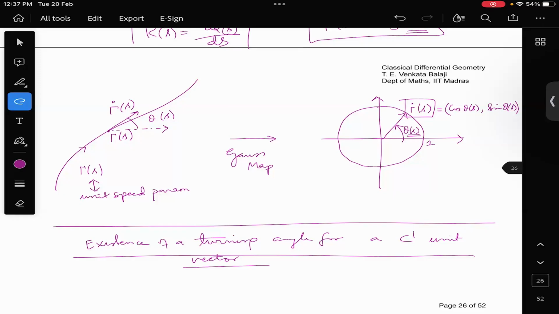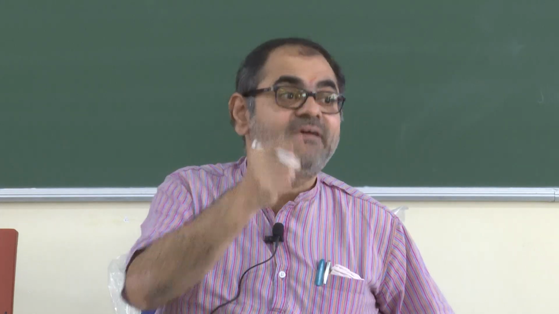And gamma dot is going to be C1, because all our curves are C2, since we need the second derivative for curvature. So gamma is C2, that means its derivative is C1. So gamma dot is a C1 unit vector, and all I am trying to say is that a C1 unit vector can be written as (cos theta(s), sin theta(s)), where theta(s) is a turning angle. And the important point is, I want to say that the turning angle is itself C1, okay.